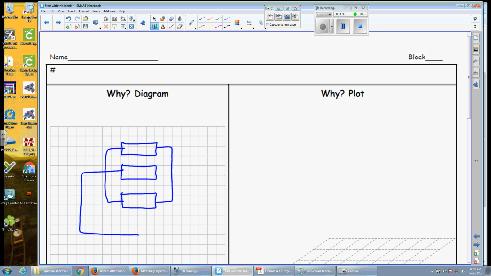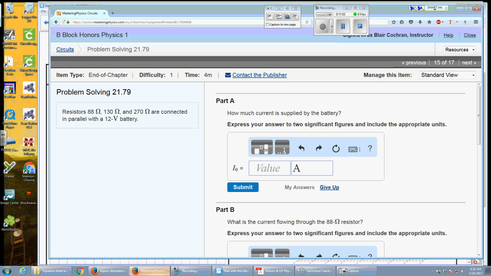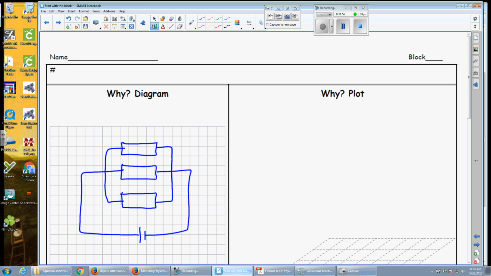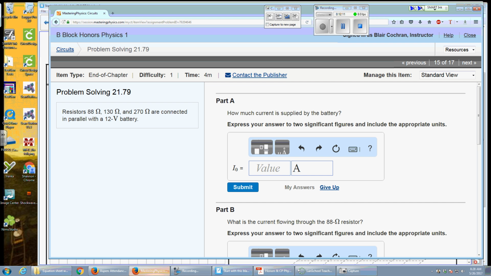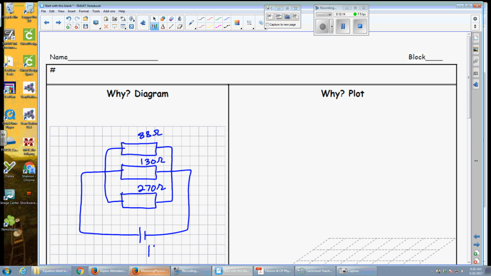All right, so there's my circuit. Easy peasy, right? 88, 130, 270 ohms. And the battery is 12 volts, right?